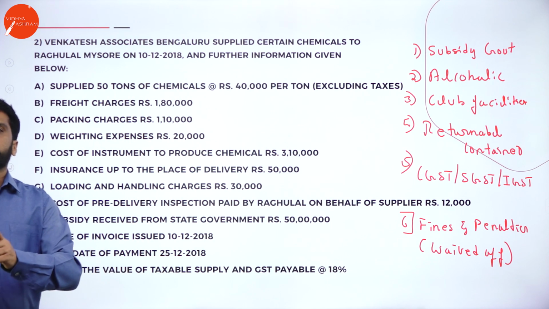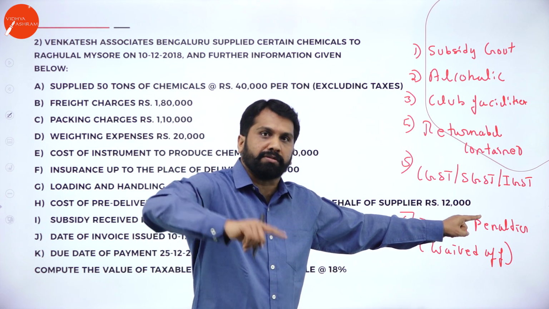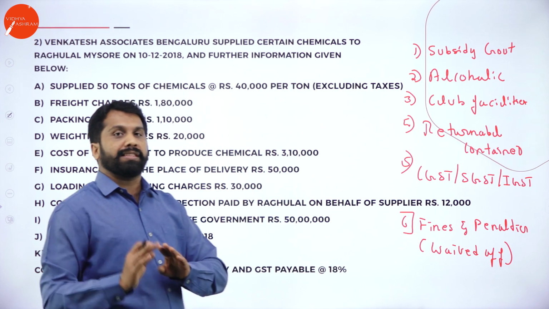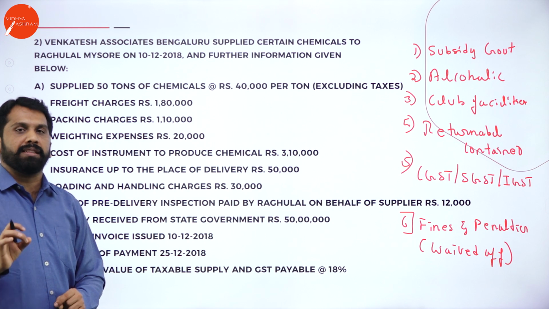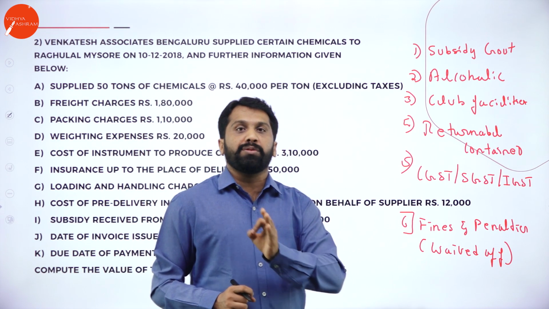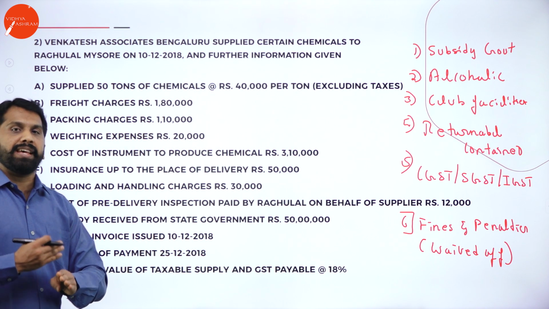Remember, in the question paper, if they give fines and penalties, we have to take. But if in the bracket they have given that it is waived off, then we are not supposed to take. Clear? These things you have to remember while doing value of taxable supply. These things we should ignore.